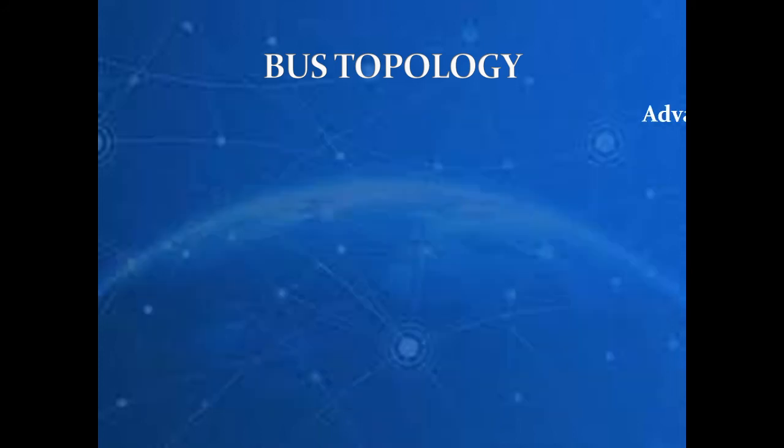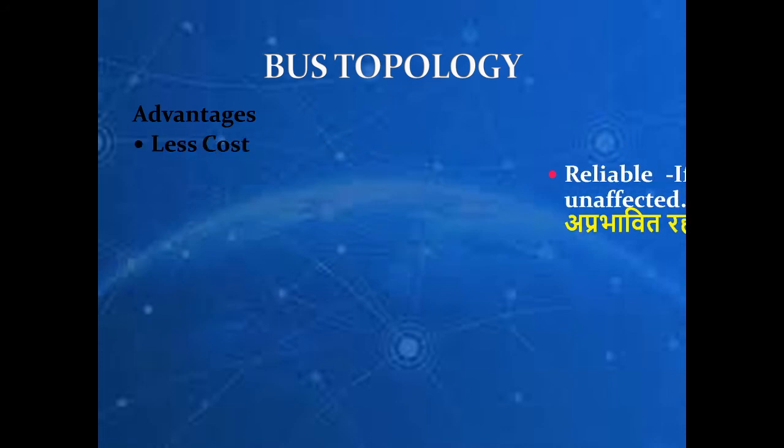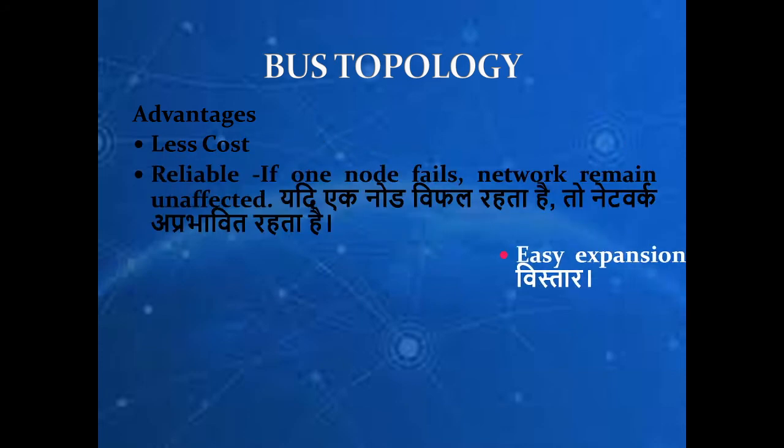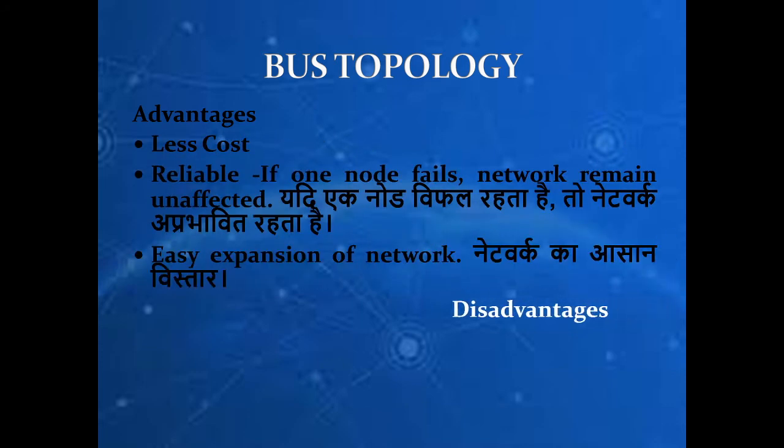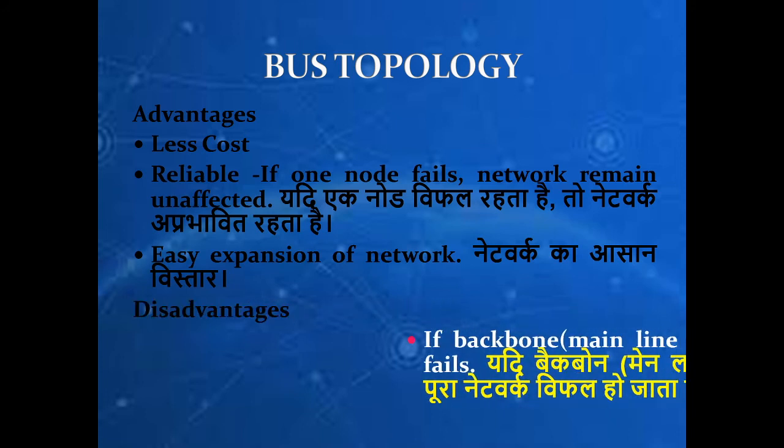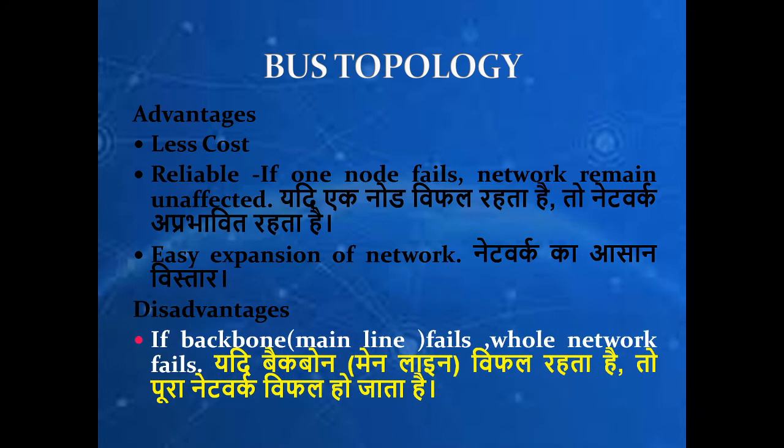Okay, so what are the advantages and disadvantages of bus topology? Bus topology has less cost because here we have one single physical line connection. It is also reliable, because if a particular system is not working, the rest of the network can also work.